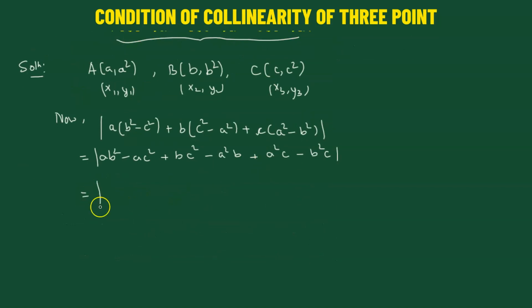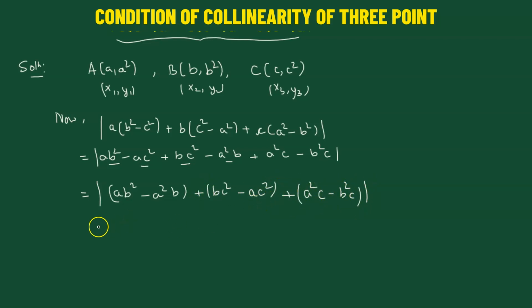So we are going to combine ab squared with, let's say, negative a squared b. So that's going to be one single term. So this is taken care of. Then we take bc squared and we are going to combine it with negative ac squared. And then we're going to combine the remaining two terms, which is a squared c minus b squared c.